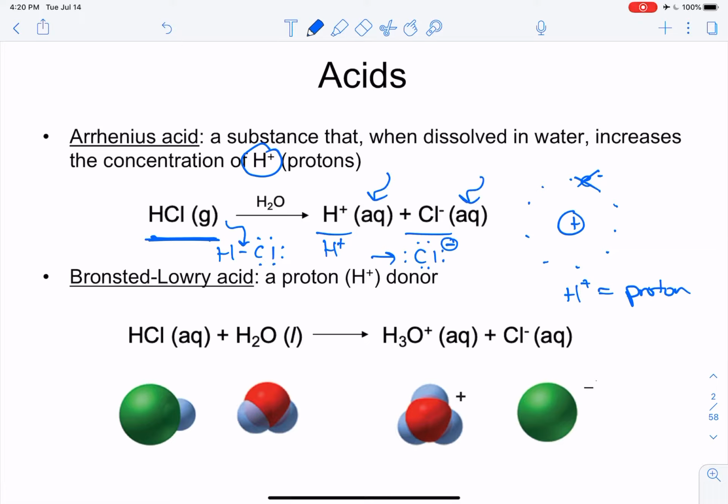It means aqueous. Now, a more general definition for an acid is the Bronsted-Lowry definition. The Bronsted-Lowry definition just says that an acid is something that can donate a proton, or give away an H plus. And there's another example of the exact same thing written down here, but it's written in a different way.